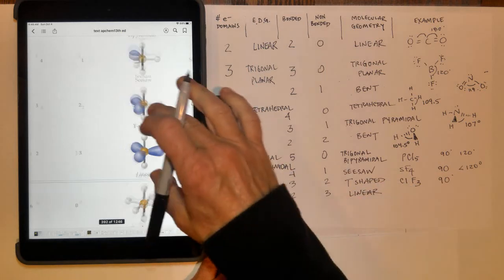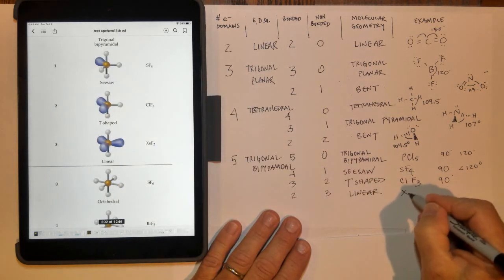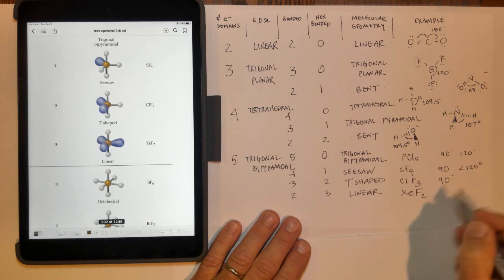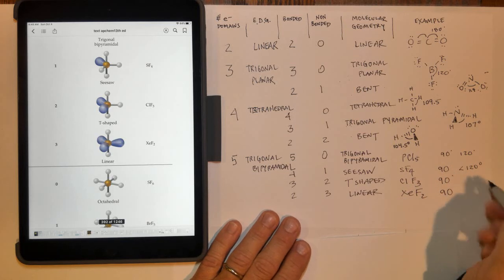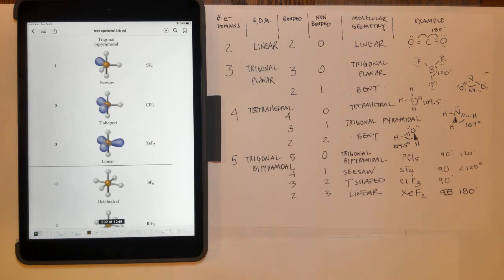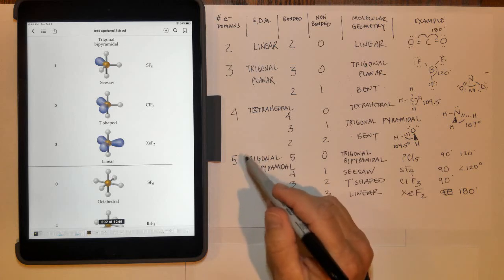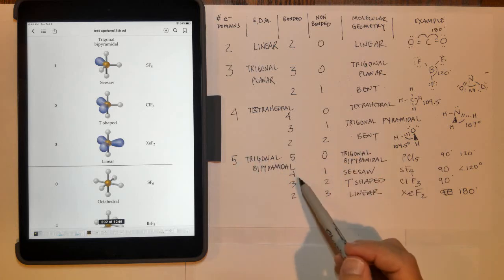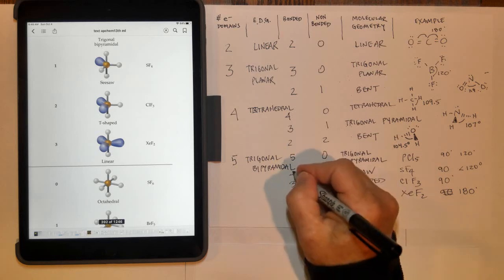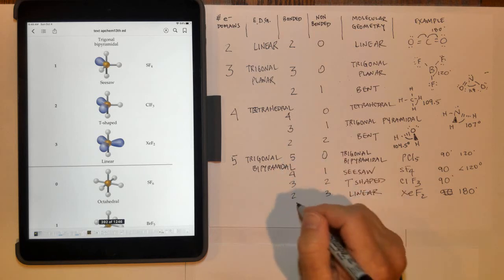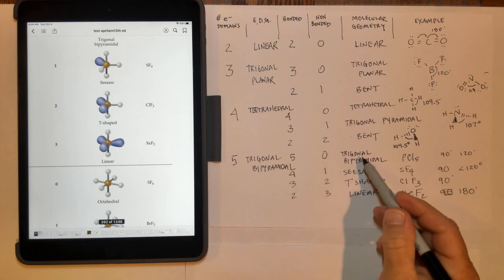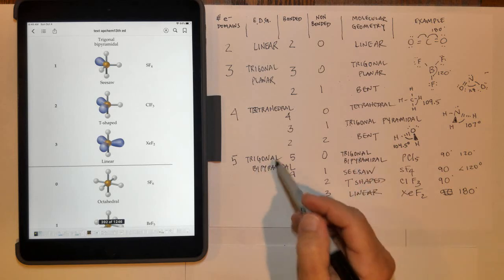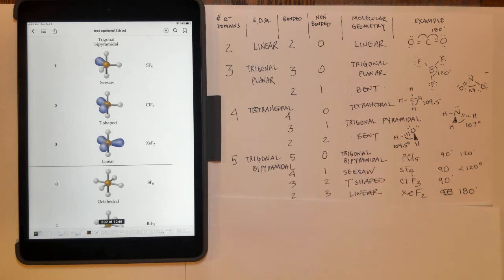The example is XeF2, and if I remember right, we drew this guy in an example problem in chapter 8. It's a 180 degree bond angle because it's linear. So that's the 5 family right here: 5 bonded, 0 not; 4 bonded, 1 not; 3 bonded, 2 not; 2 bonded, 3 not. Those are all the molecular geometries that come from the trigonal bipyramidal family.